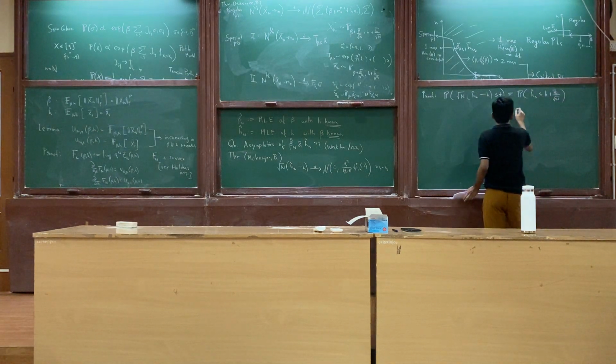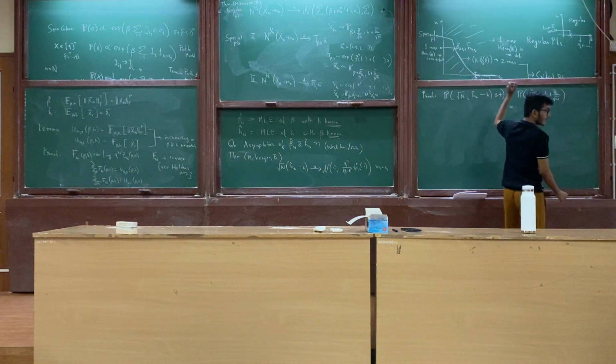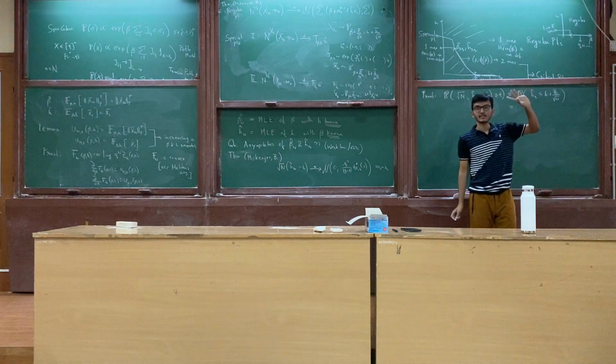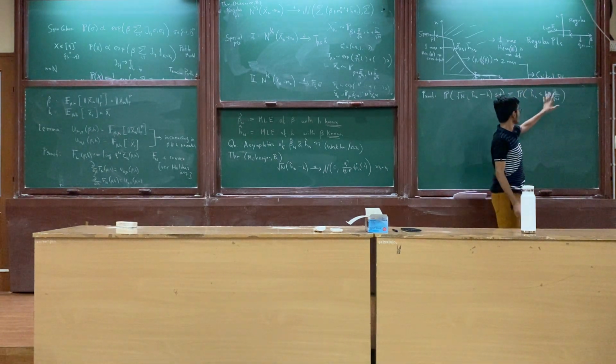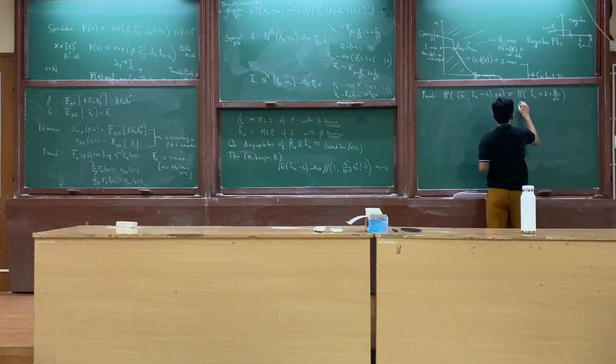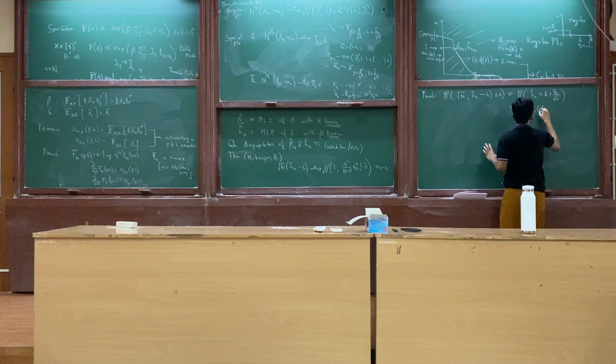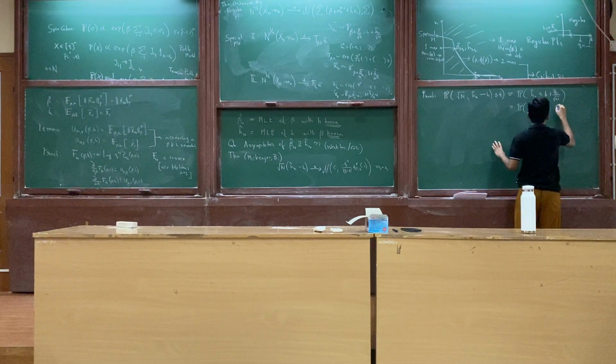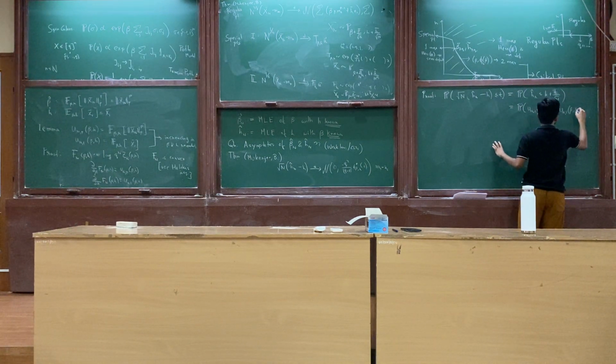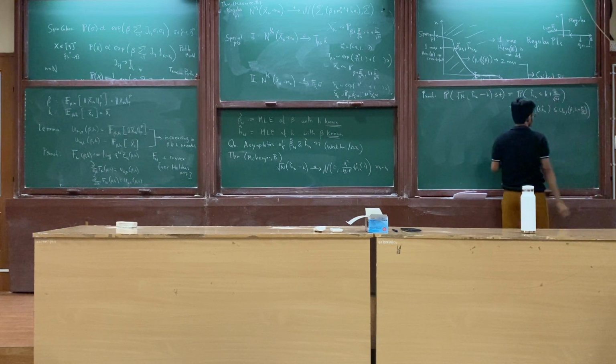Now we know that u_n1 is an increasing function in h, so I can put u_n1 on both sides.